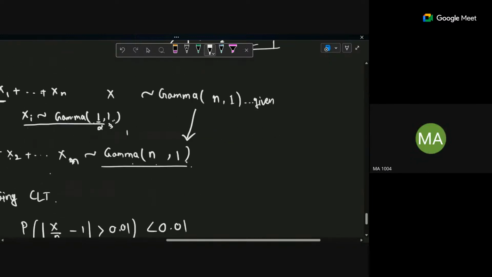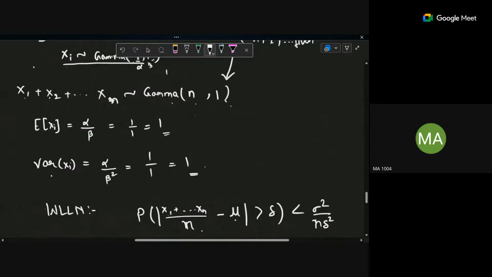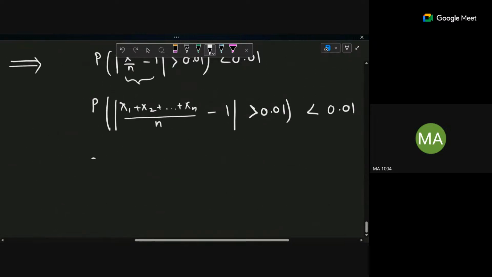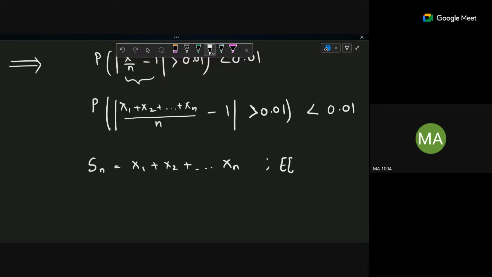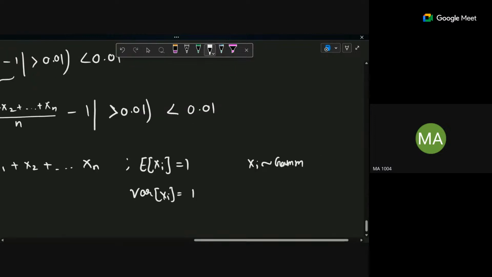One more thing. Do you remember that our mean was 1 and variance was 1, right? Mean of Xi is 1, variance of Xi is 1. Fine. So if I take Sn as X1 plus X2 plus Xn, I know that expectation of Xi is 1 and variance of Xi is 1. Why was it 1? Because my Xi's were following gamma distribution with parameters alpha comma beta, which were 1 comma 1.